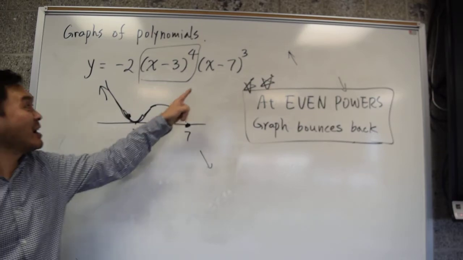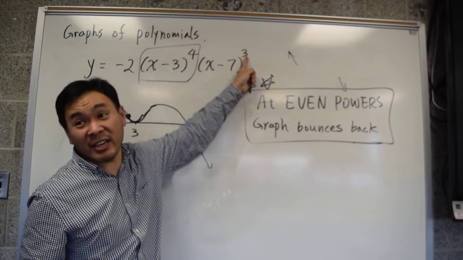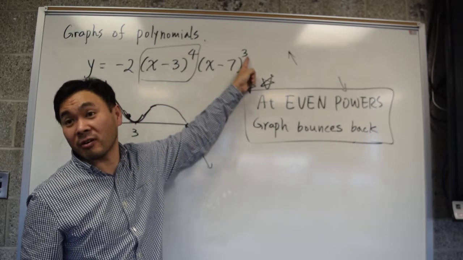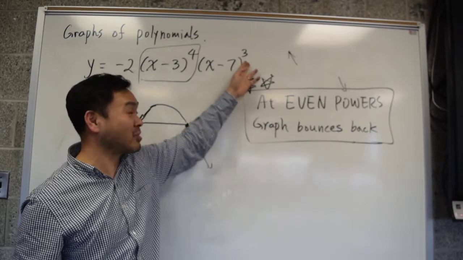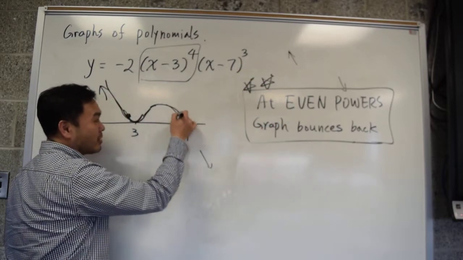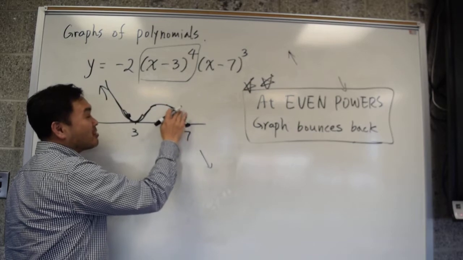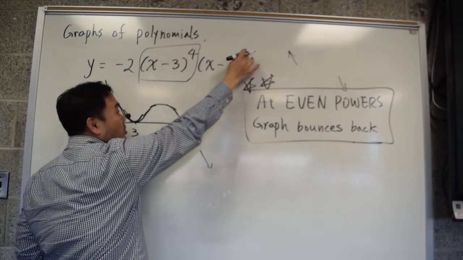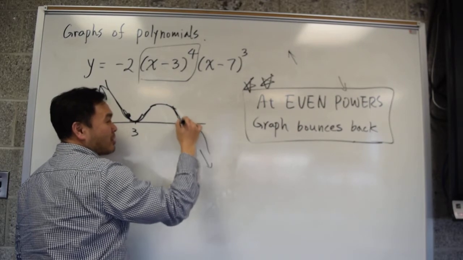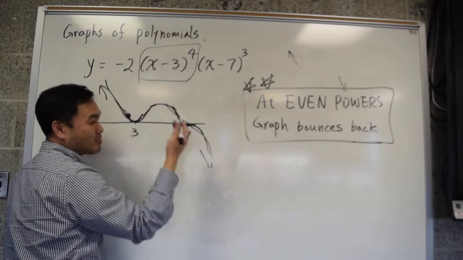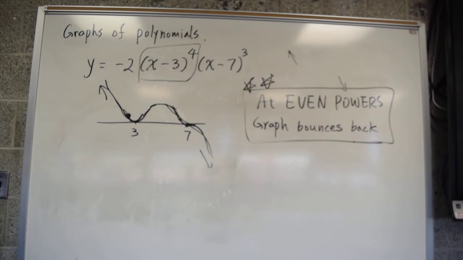Because the 3 is an even number and the 7 is an odd number. Only when it's even does it bounce back. Otherwise, if it's odd, it will pass through. To be slightly more realistic, because it's more than 1, it will kind of touch and then go down like that, but you don't have to know. It just goes through. So that's the graph.